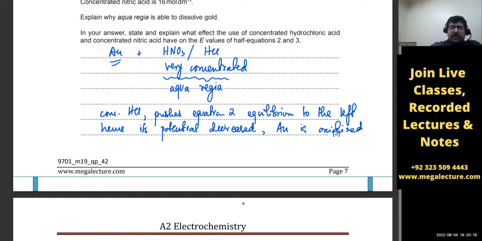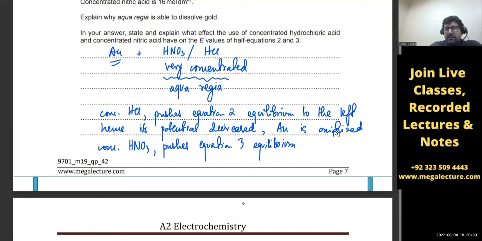Or vice versa, using concentrated nitric acid, it pushes equation 3 equilibrium to the right, and its potential increases.